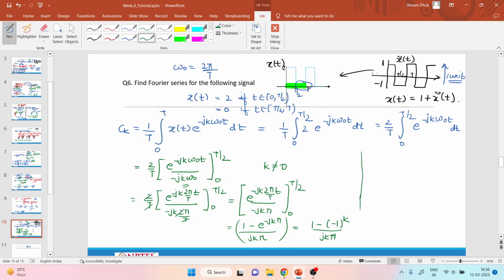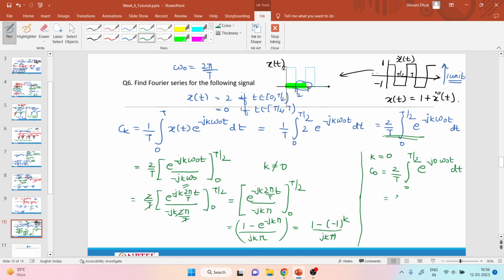Now let us consider the case when my k is equal to 0. In that situation, this integral reduces to c0 equal to 2 by T integral from 0 to T by 2 e power minus j 0 omega naught t dt, and this reduces to 1.